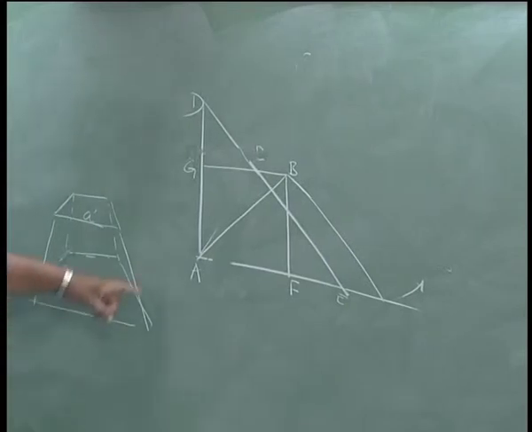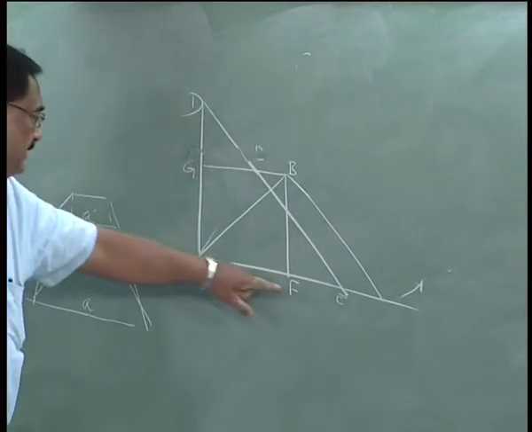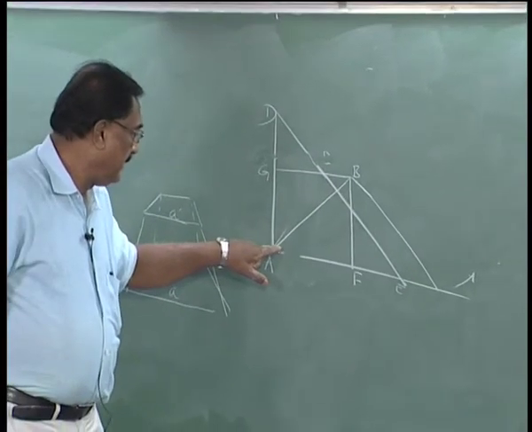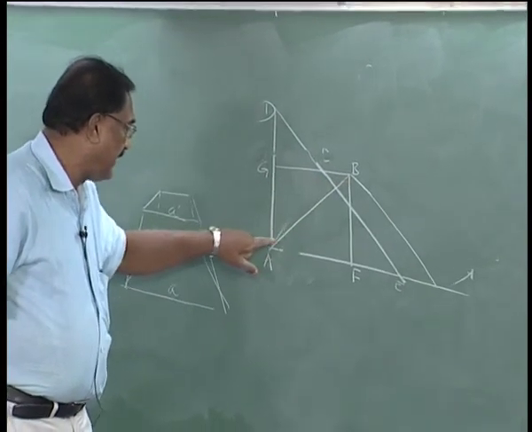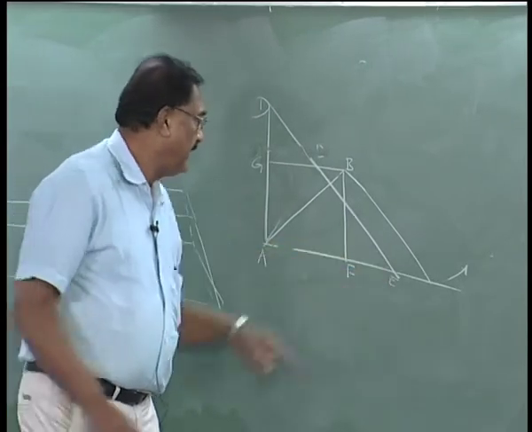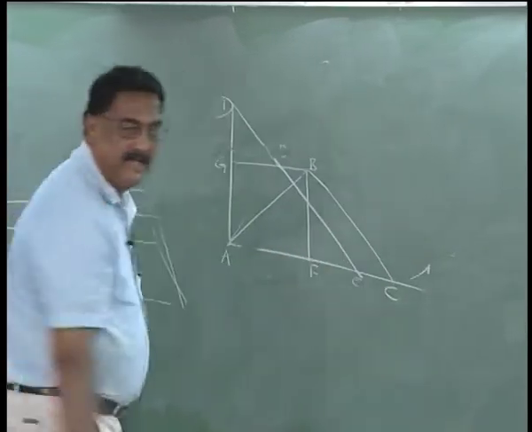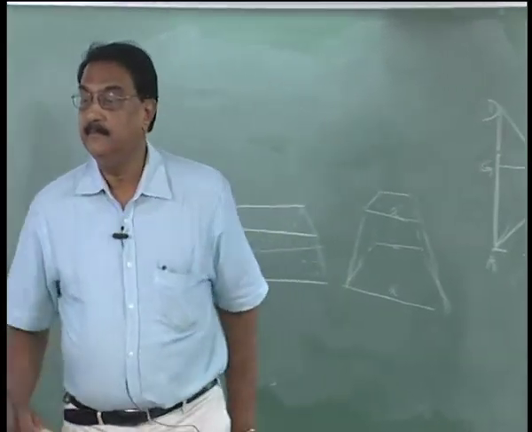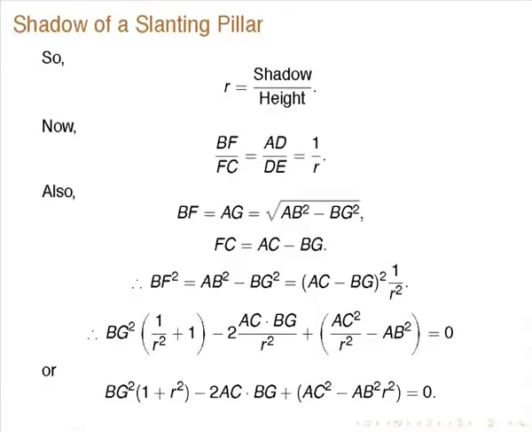So the shadow in the vertical position is AE, and the shadow in the slanting position is AC. Then from similar triangles, BF by FC is equal to AD by AE, because the angle will be the same.